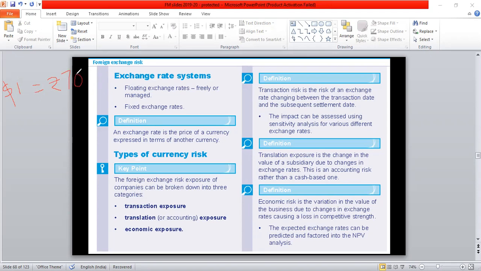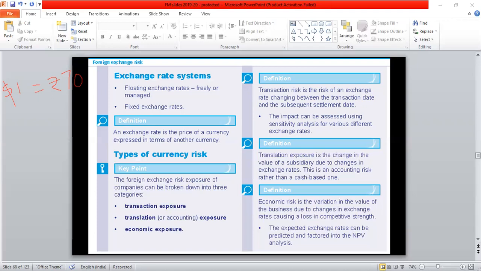So we see that each country's currency has an exchange rate, and this is not fixed all the time. This is fluctuating. So in the foreign exchange rate markets, we see that the value of currency keeps changing from time to time.